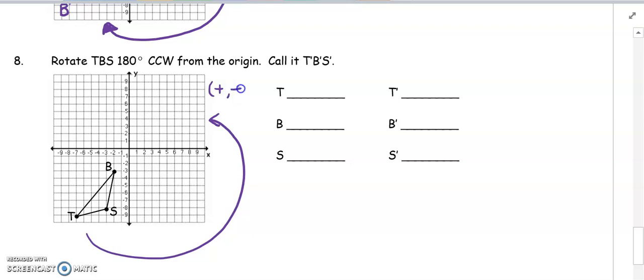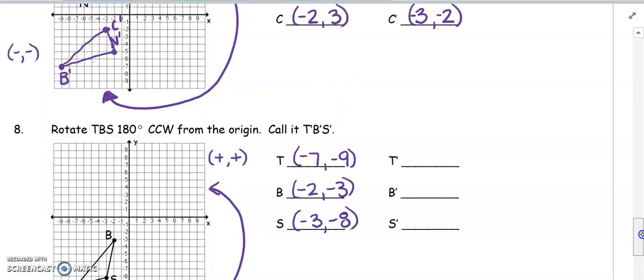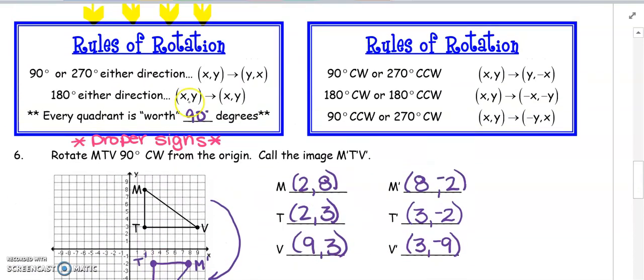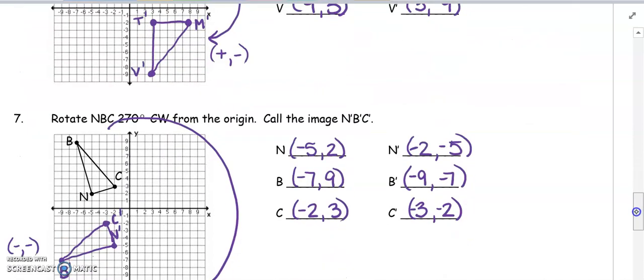Keep in mind the coordinates in the first quadrant. We have a positive x and a positive y. So T's original coordinate is negative 7, negative 9. B's is negative 2, negative 3. And S is negative 3, negative 8. Now take a look up here. It says for 180 degrees, we keep the x and the y in the same order.